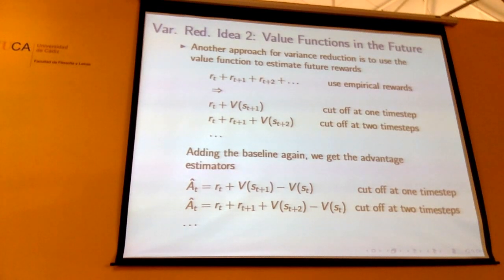It's just a constant amount of randomness in this first formula here. So these formulas have much lower variance. Unfortunately, they have bias. Imagine if your value function v of s sub t plus 1 equals 0, then you're just ignoring all the future rewards.